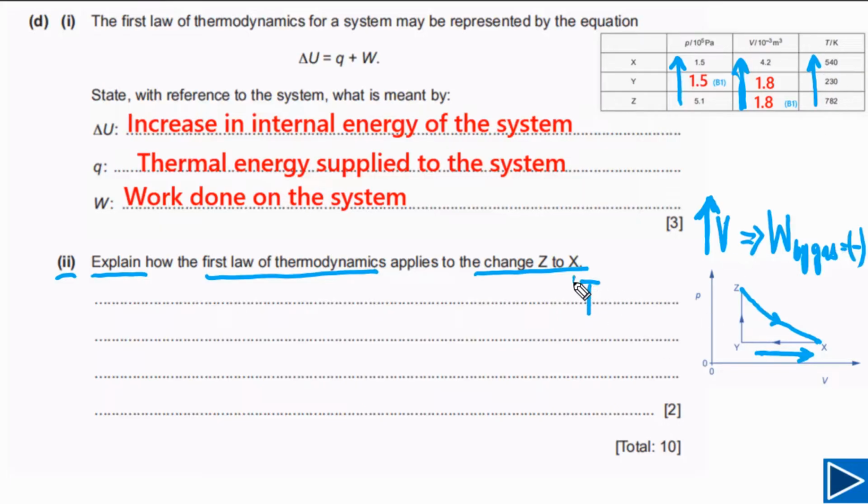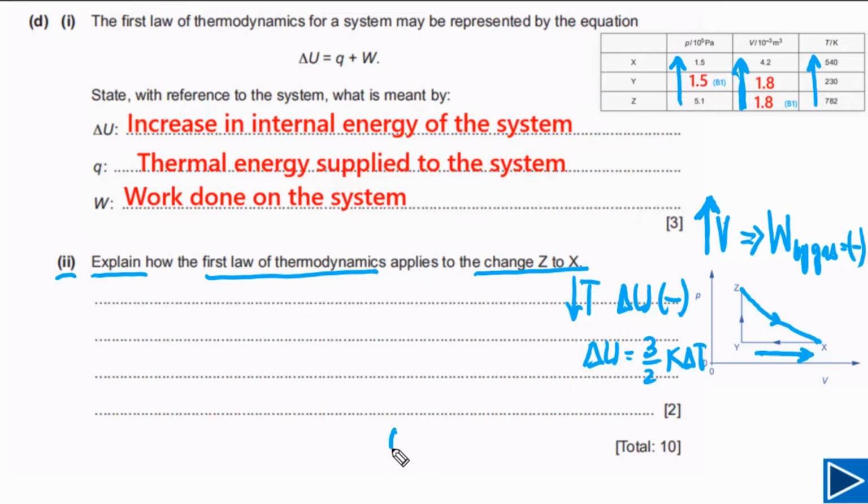So if temperature decreases, it means delta U is negative, means the change in internal energy is negative. Because delta U is equal to 3 by 2 k times delta T. If delta T is negative, it means delta U is negative.